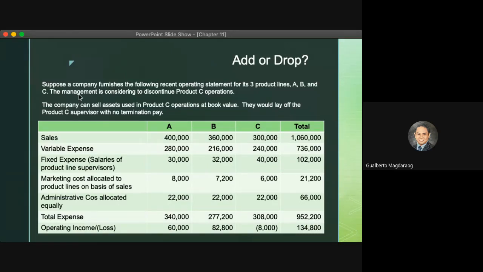So dito sa situation niya, suppose a company furnishes the following recent operating statement for its 3 product lines, A, B, and C. The management is considering to discontinue product C. The company can sell assets used in product C operation at book value.